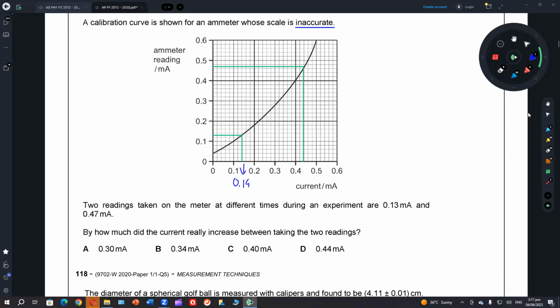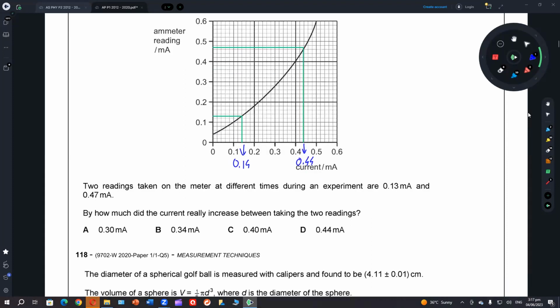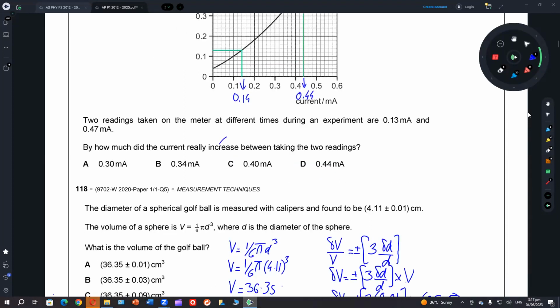Yes. And this one is 0.44. So the answer is coming to be option A.